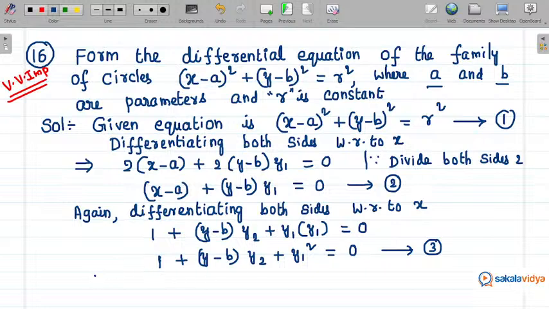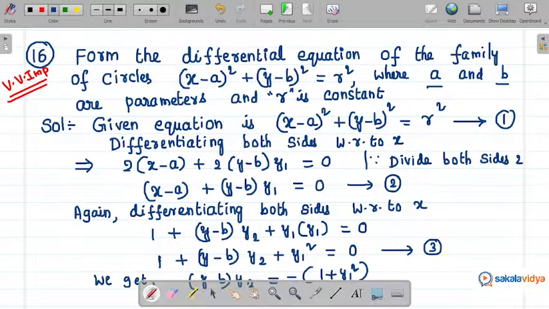It can be rewritten as y minus b times y2 equals minus 1 minus y1 square, which is minus of 1 plus y1 square. So let us think, can you find out the y minus b value from this one? Yes, why not, we can find it.